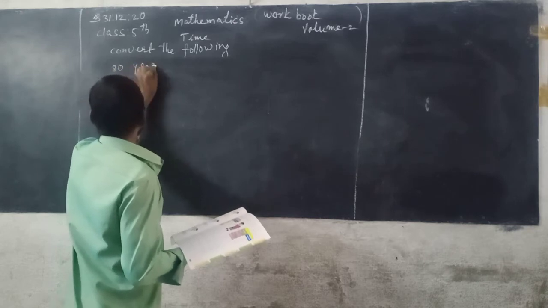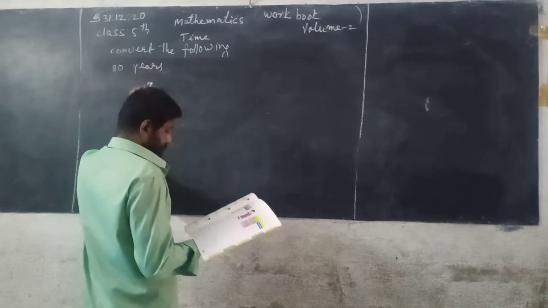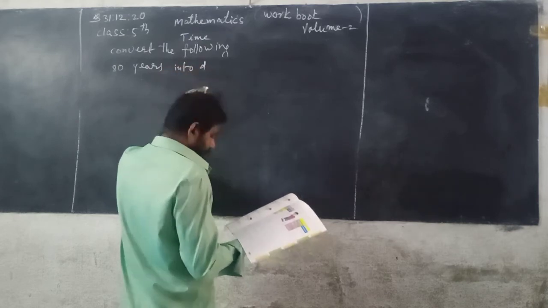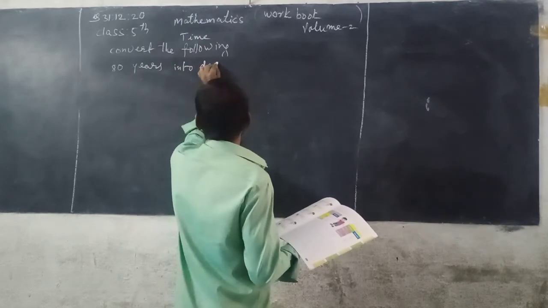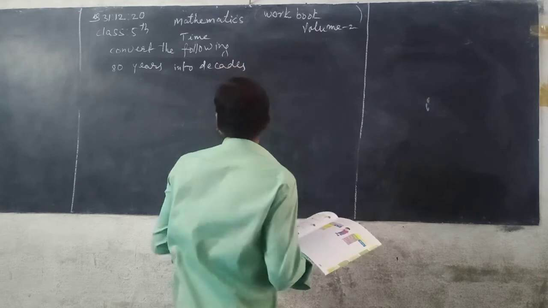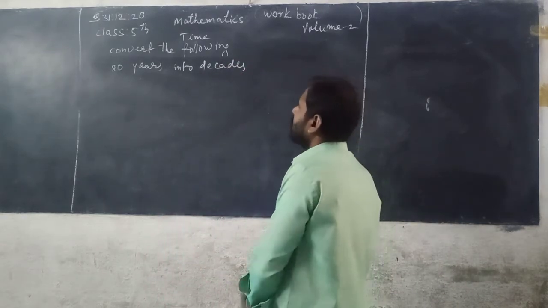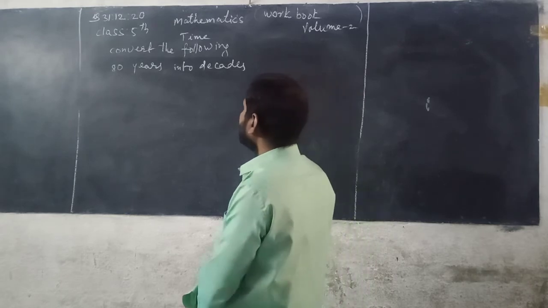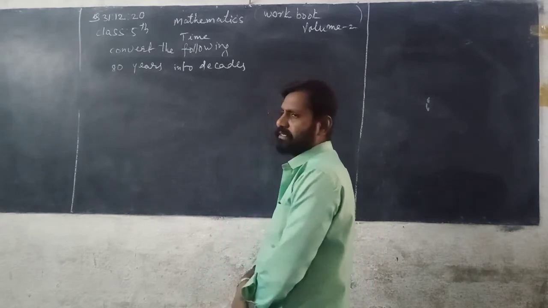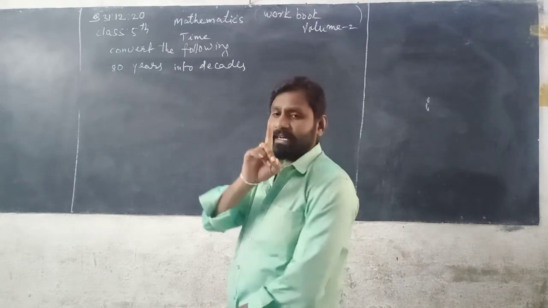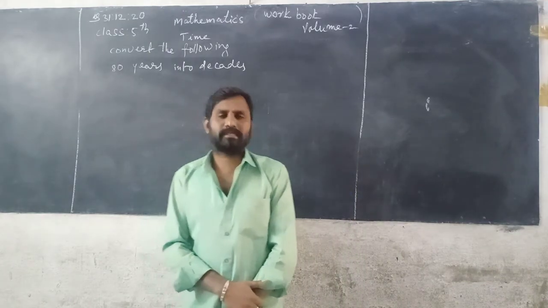Years into decades. Years is converted into decades, which means the smaller unit is converted into the larger unit. We have to divide. 1 decade is equal to 10 years.